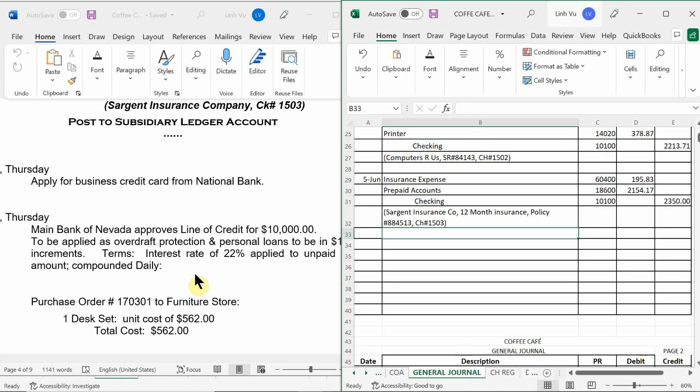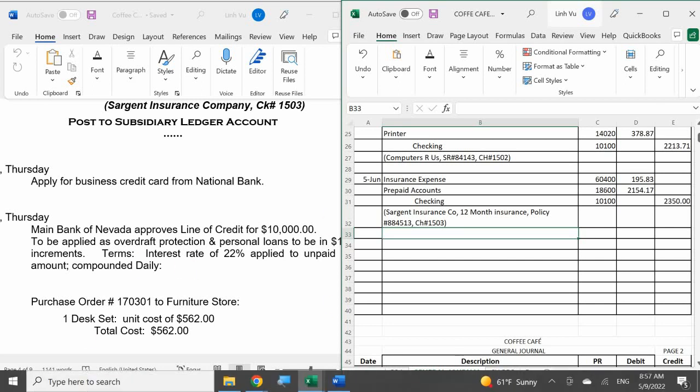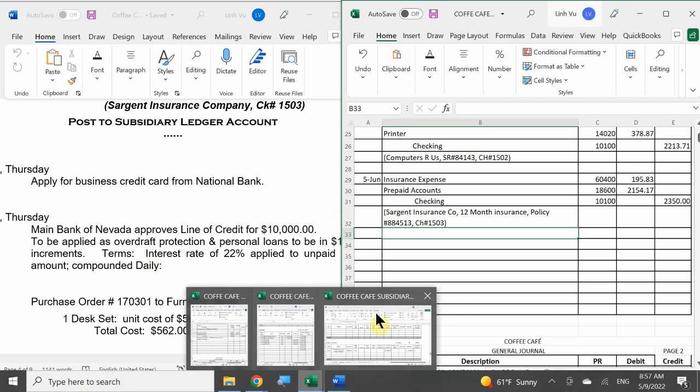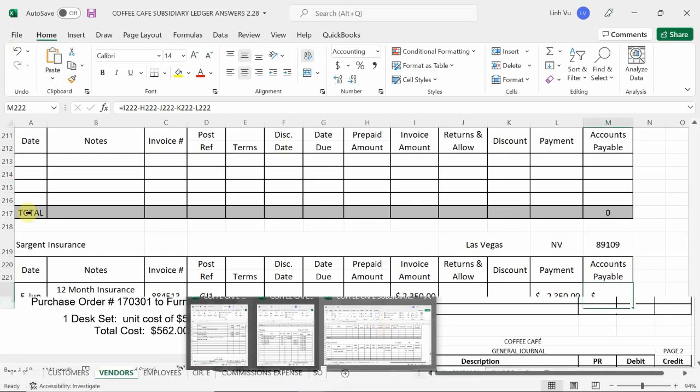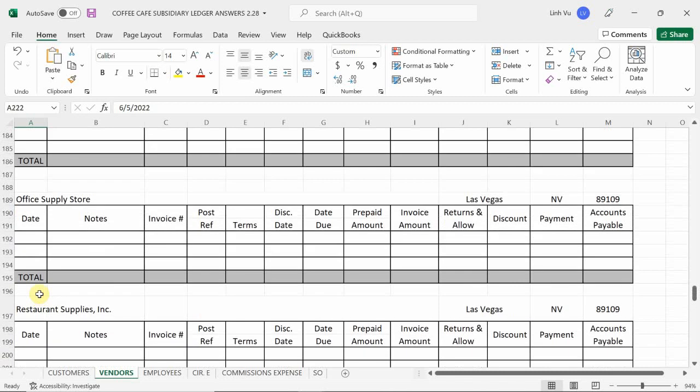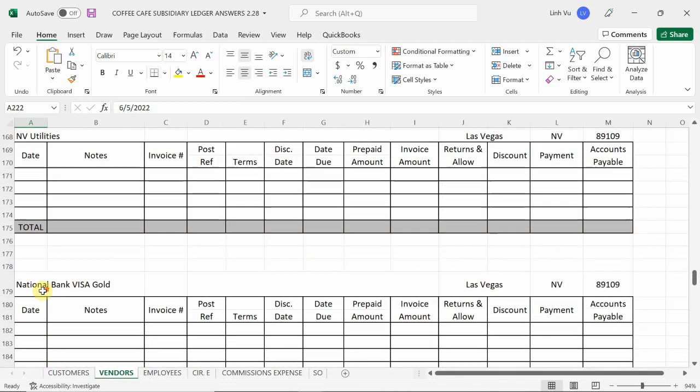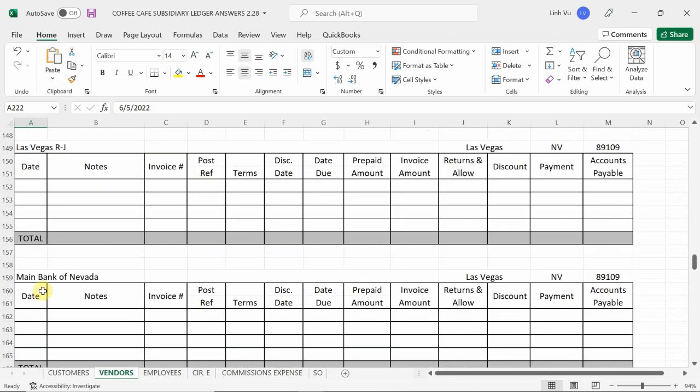What I want you to do is, since this is pertinent information, I want you to put it in your subsidiary ledger. Because this is dealing with the main Bank of Nevada, right? That'll be a perfect place to put your notes down. Okay? So, I'm going to go to my main Bank of Nevada, and I'm going to use that as my place to put in my information that I just received today.